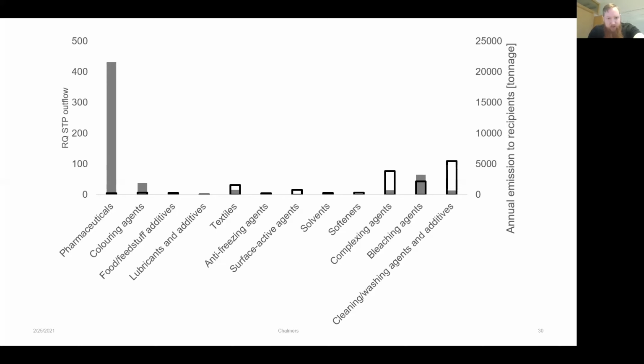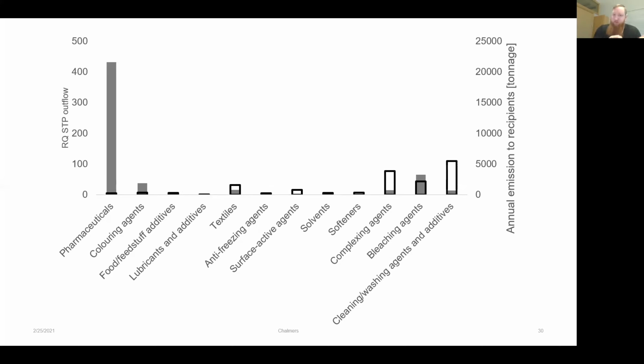What we see, however, is that the gray bars, which are associated with the leftmost y-axis, where we have the risk quotient in the STP or sewage treatment plant outflow, is very different from the amounts that go out. So basically here we see that there is no correlation between the amount of a compound that goes out as compared to the risk that that compound actually exerts in the environment.